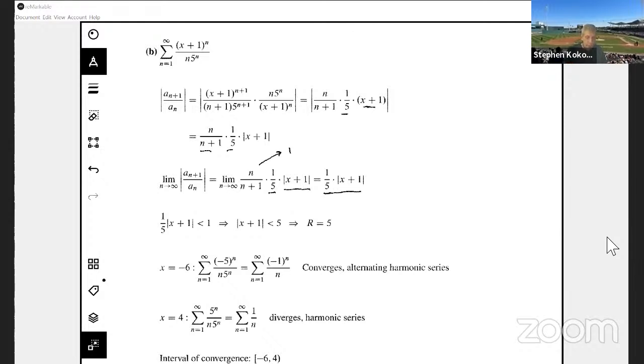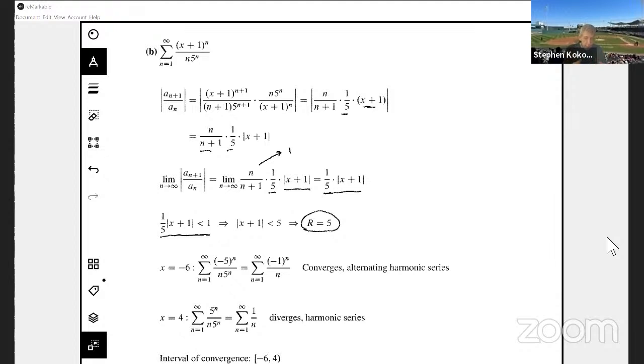So by the ratio test, if I want this series to be absolutely convergent and therefore convergent, I force that limit to be less than 1. I solve for the absolute value of x plus 1, that's less than 5. And so the radius of convergence here is 5. Beautiful.